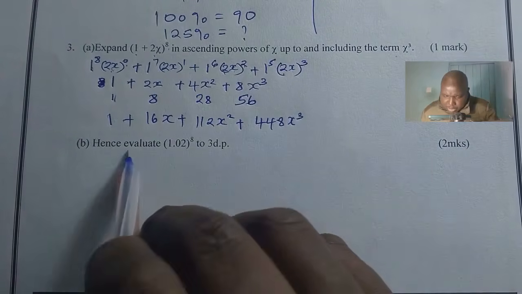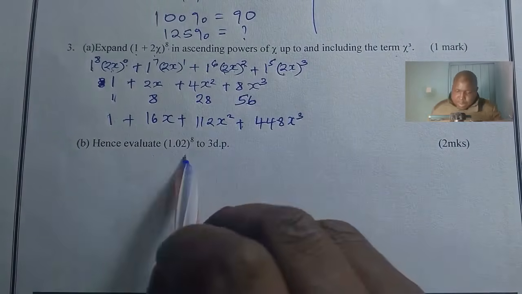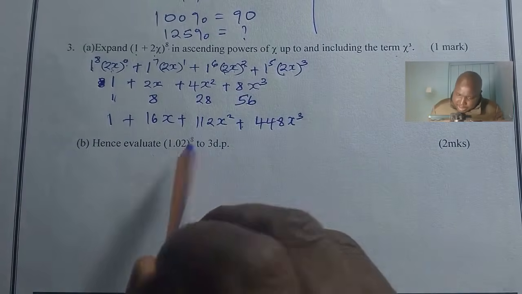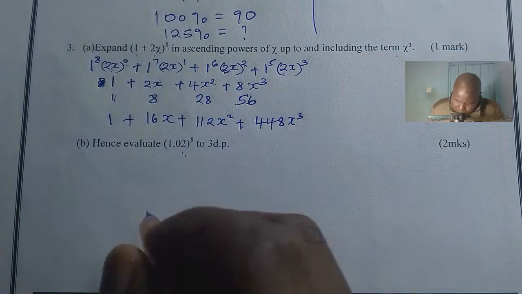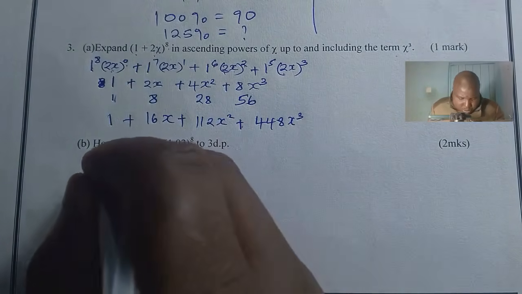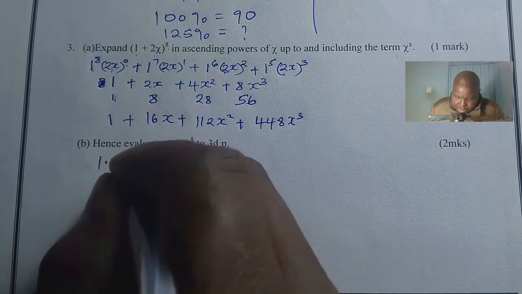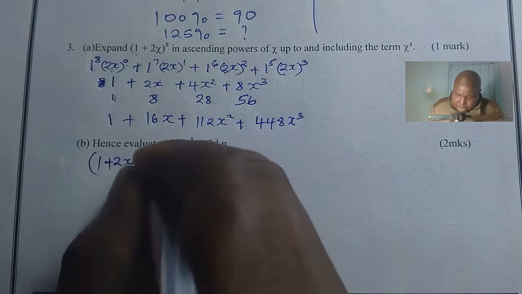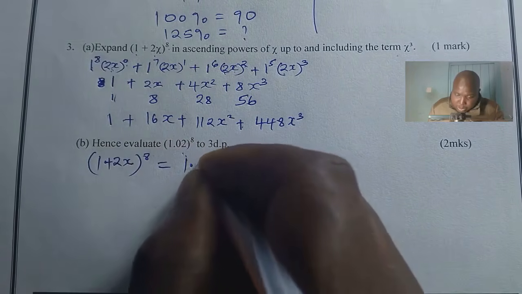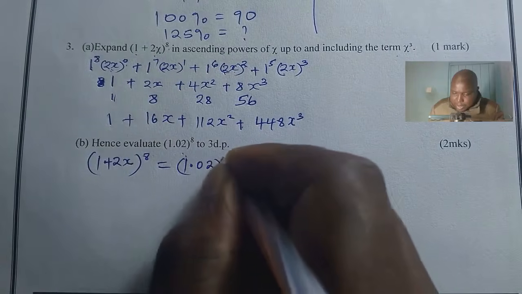Now let's use this expansion to evaluate this. First we need to get a value of x. Equate this and this. 1 plus 2x raised to power 8 is equal to 1.02 raised to power 8.